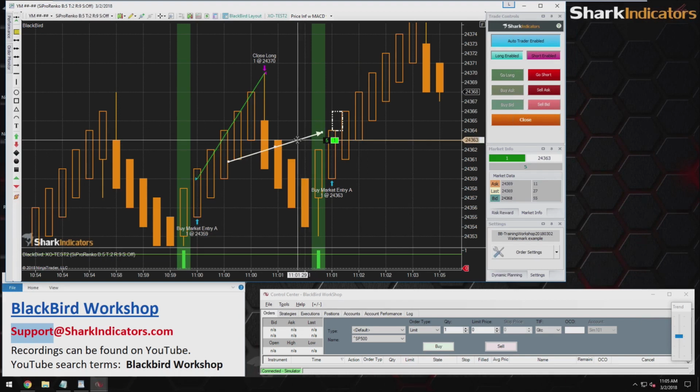Going back to the way that range and renko bars are calculated, price has to move beyond. Let's go back to this signal bar here. The closing price of that bar is 362. Price had to move 1 tick beyond that before the next bar opened.